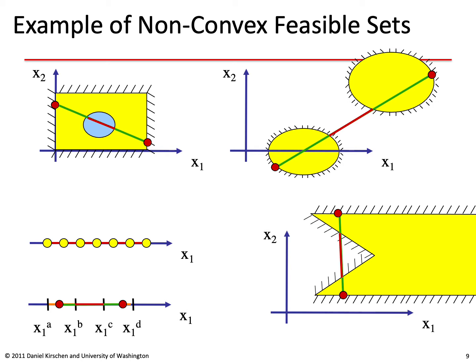The one at the top, the feasible set, is a set of discrete points along the line. Obviously, because we only have discrete points, any line joining these will include points that are not part of the set. And again, in the one-dimensional example at the bottom left, I have 2 separate segments. Therefore, it is a non-convex set because the line joining 2 points from separate segments will include points that are not part of the set.